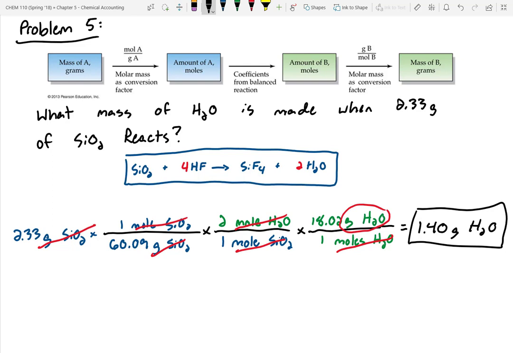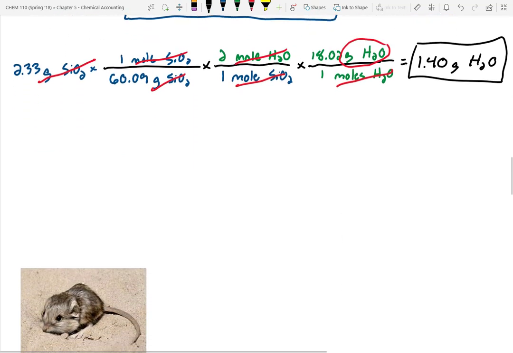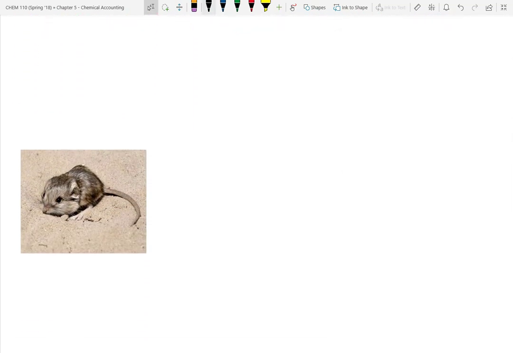All right, I've got one more challenge one, and I like this one because it's a good biology problem too. This is a kangaroo mouse. It lives in Nevada and absolutely blows me away, because it can survive without water.